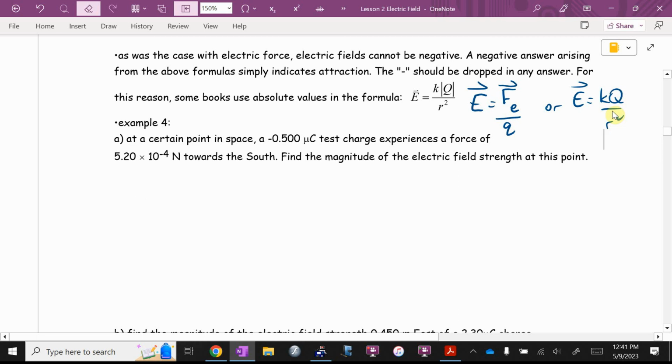So now look at the data that they gave you. What's the units next to this 5.2 times 10 to the negative fourth? Which one of these has force in newtons? Apparently, the electric field is going to be the electric force. And there's a bit of a problem here.